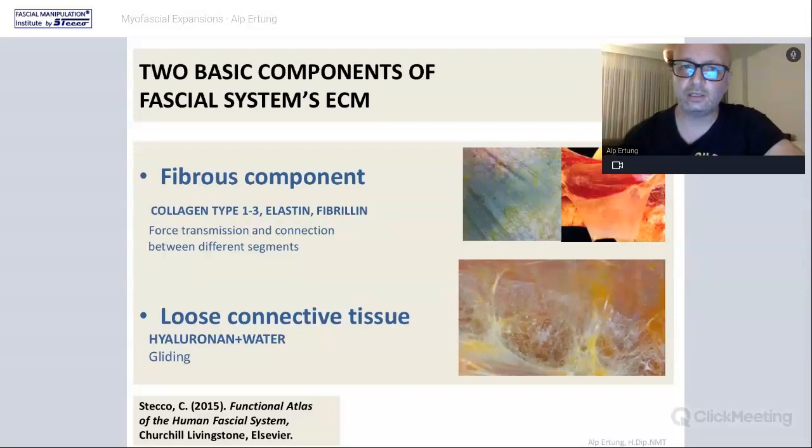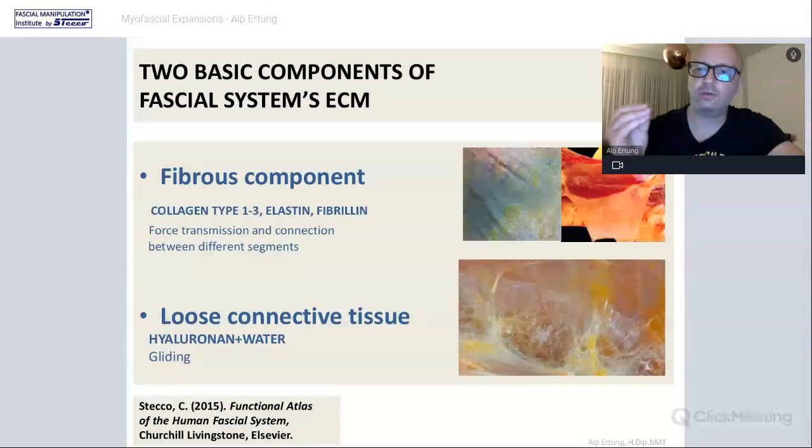So, two basic systems. We know that we have the cells, the nerve elements, and the extracellular matrix, the actual architecture of the fascial system. And we have two basic components in this architecture. The one is the fibrous component.